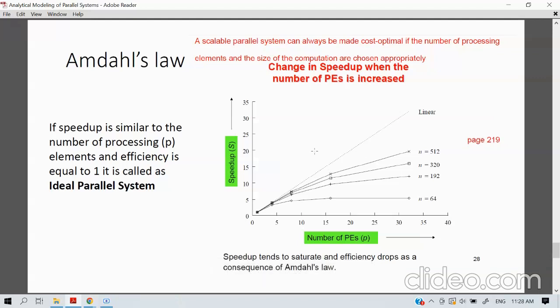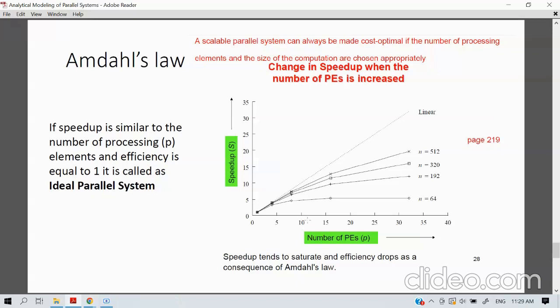Kalau you tengok kat sini, if speed up is similar to the number of processing elements P, let's say the number equals 1, speed up equals 1, and so on, dia akan jadi linear speed up. So that linear speed up is called an ideal parallel system.